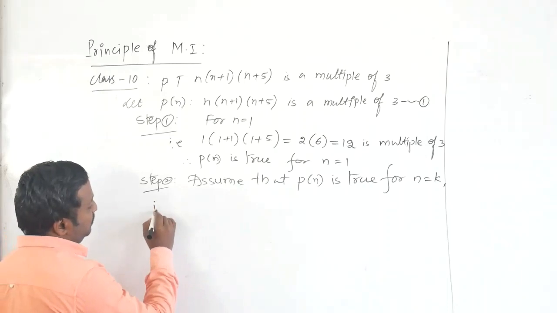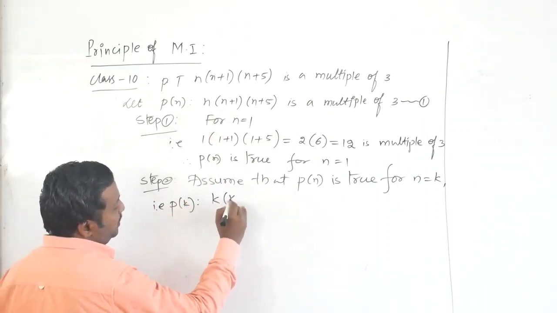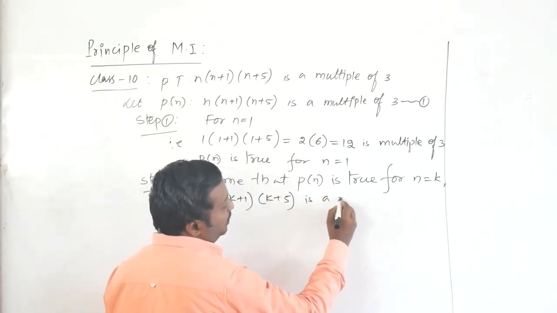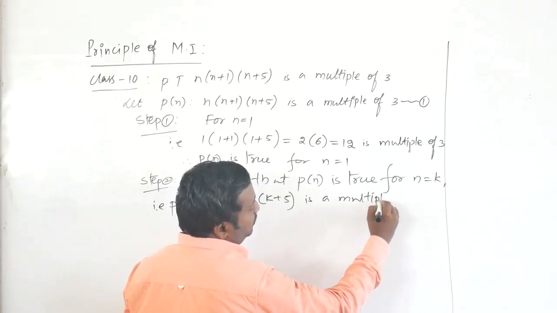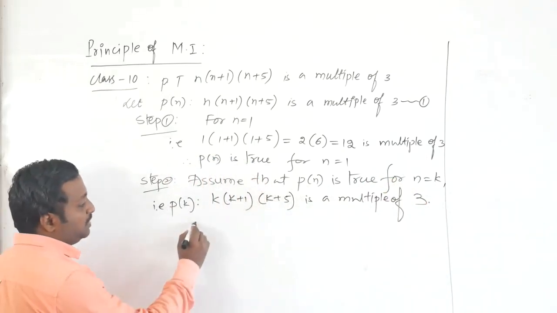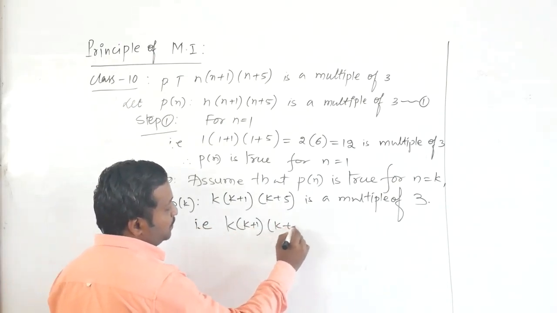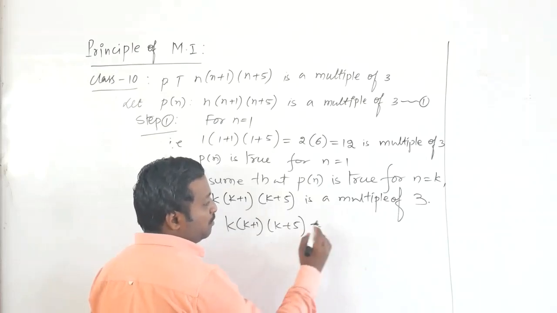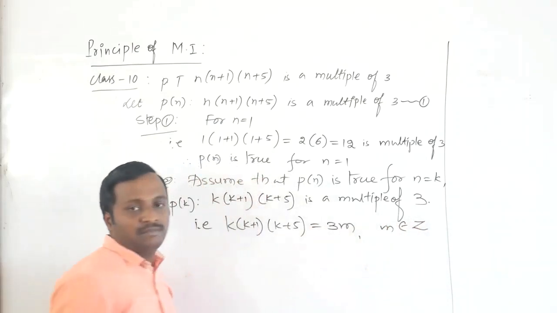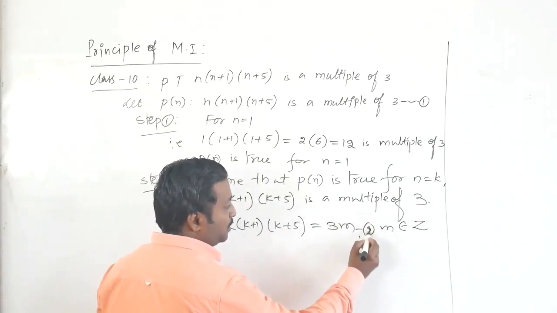So that is P of k: k into bracket k plus 1 into bracket k plus 5 is a multiple of 3, divisible by 3. That is, k into bracket k plus 1 into bracket k plus 5 is equal to 3 into some integer m, m is any integer. Let us take this as equation number 2.